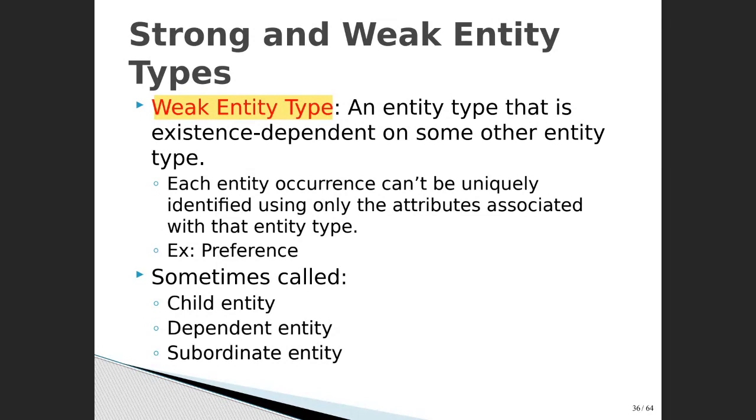Okay, it cannot be uniquely identified. We call it child for that parent, child, or dependent. It depends on that owner or subordinate. Okay, so this weak cannot be identified itself without depending on other entity type.